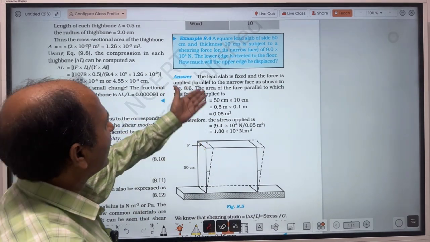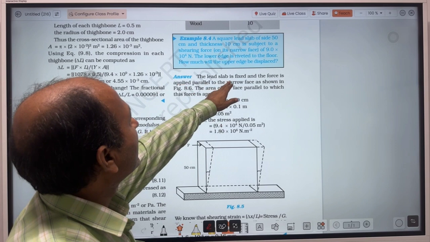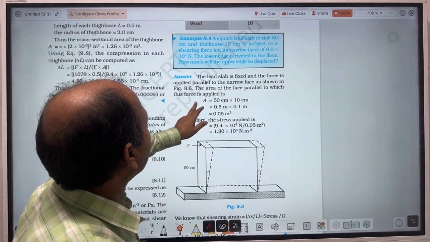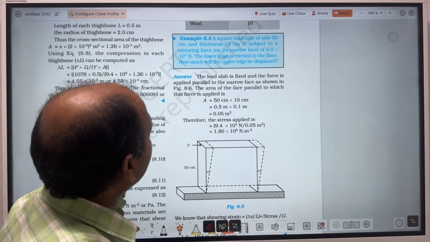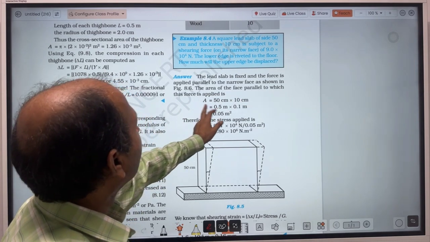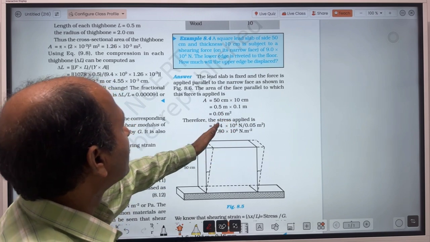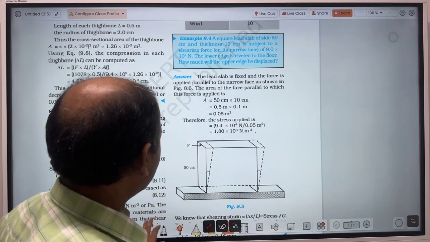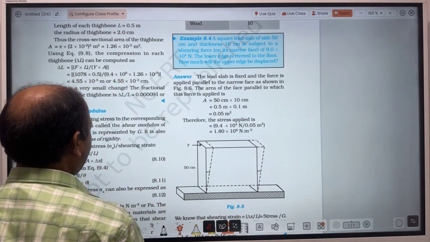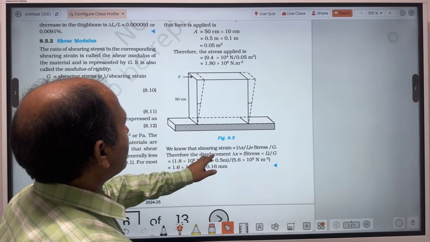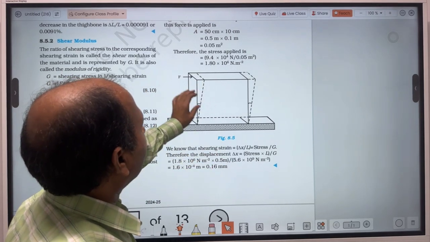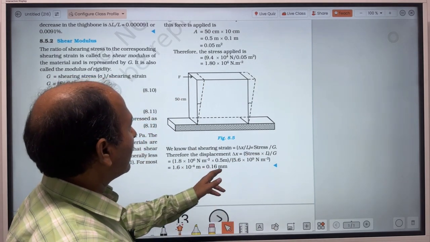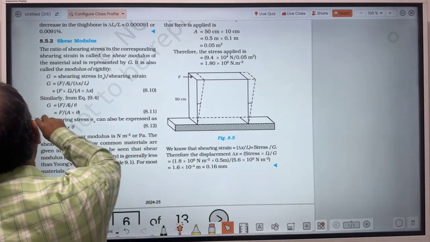So for that we can analyze, the solution is given. The lead slab is fixed and the force is applied parallel to the narrow face as shown in the figure like this. So the area of the face, 50 centimeter and 10 centimeter, will be 0.05 meter square. So stress we can calculate, force upon area. And we know the shearing strain, so delta x, whatever displacement is there, and original length, so we can write, and then we can put it in the formula to get the answer.